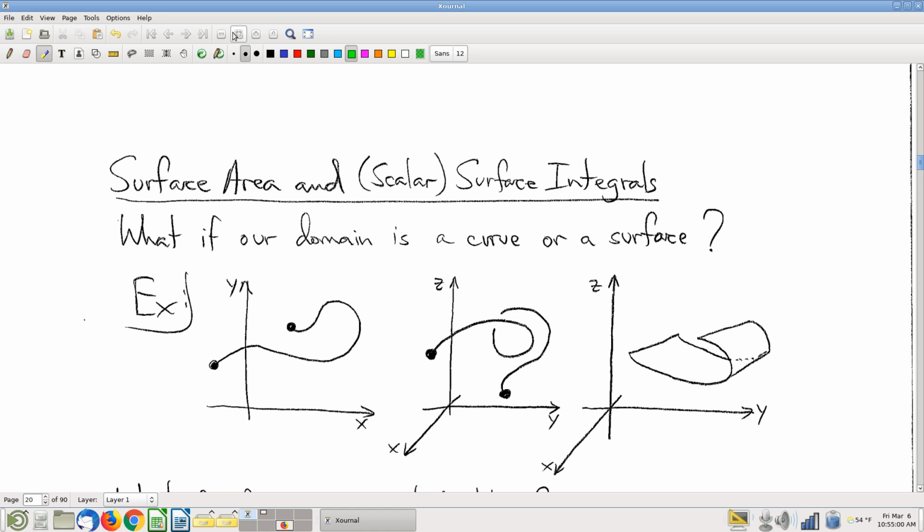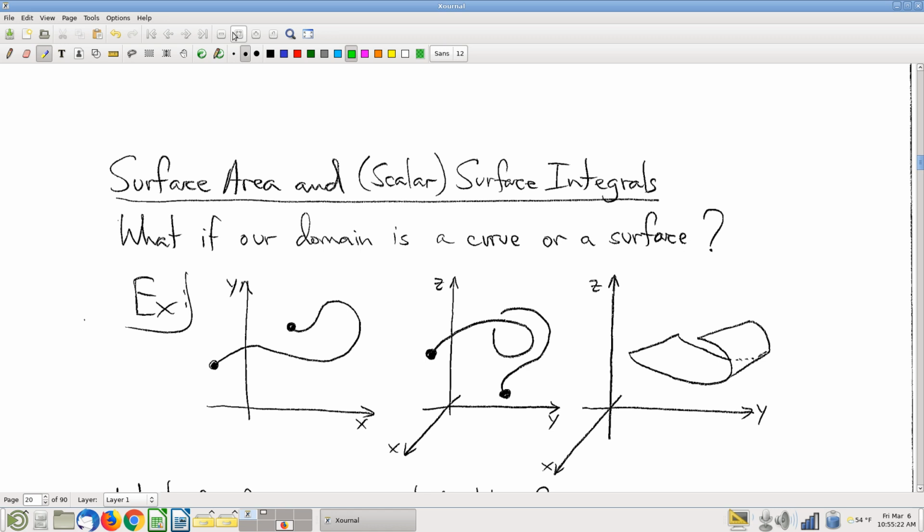If you have a two-dimensional region in a two-dimensional plane, that gives you double integrals. If you have a three-dimensional solid in a three-dimensional space, that gives you triple integrals, right? And everything we've done since talking about triple integrals has really been computational techniques for how to compute these double and triple integrals.